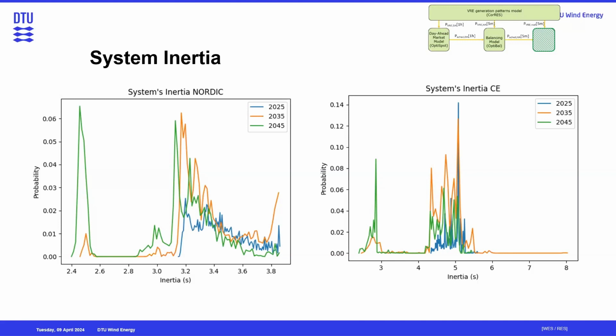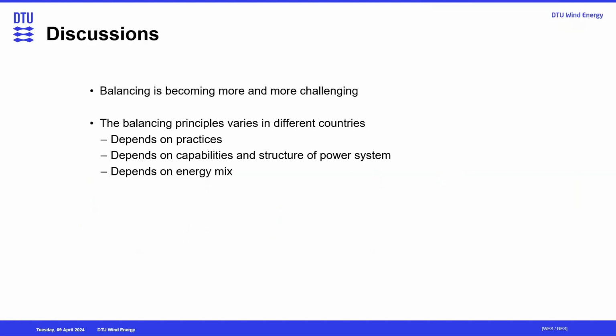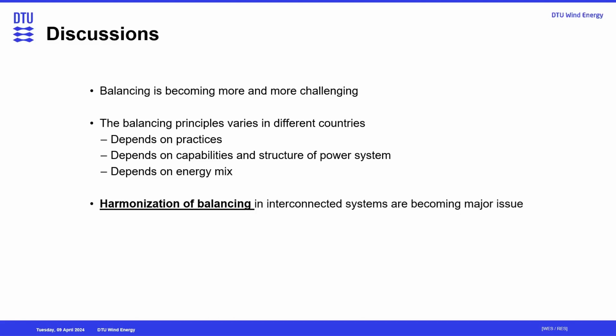But in continental Europe also there is degradation of inertia, but it's not that much because continental Europe is a much bigger system. So if we put some discussions, balancing is becoming more and more challenging. The balancing principles vary in different countries, depends on practices, depends on energy, depends on capabilities and structure of the power system.